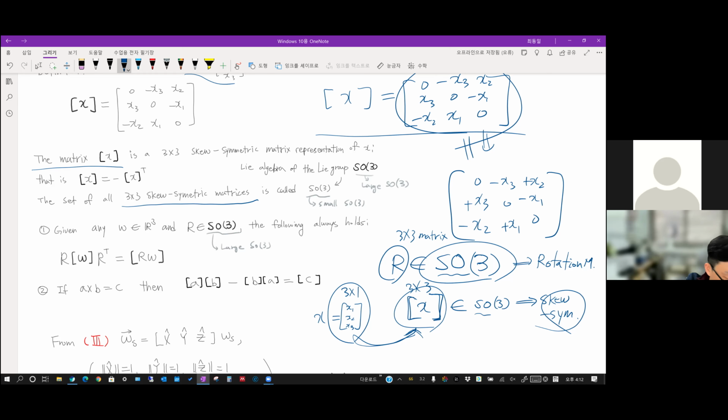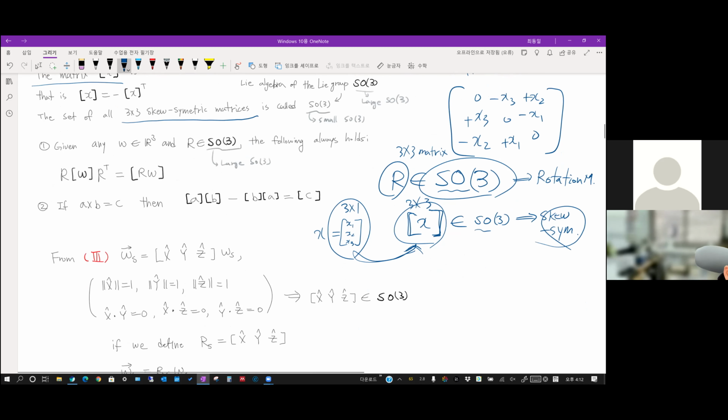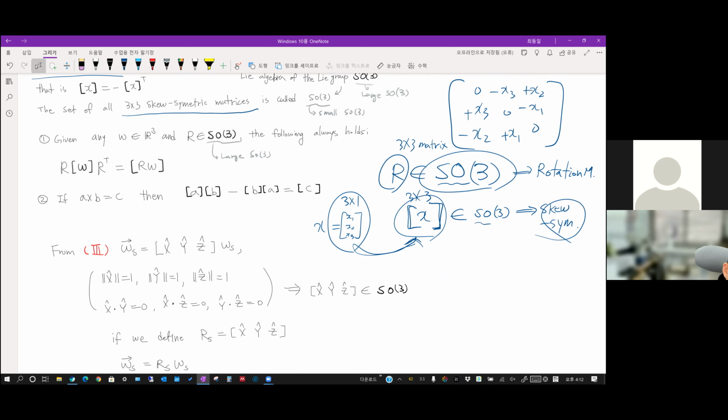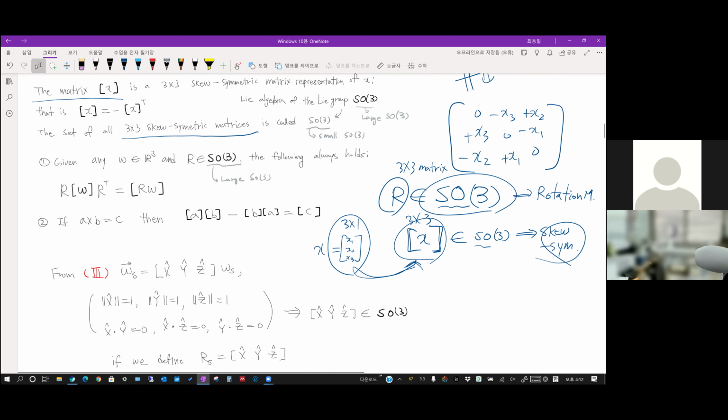So there is some relationship between large SO3 and small so3. Given any omega, a 3 by 1 vector, and rotation matrix R in large SO3, the following always holds. This equation is always right.